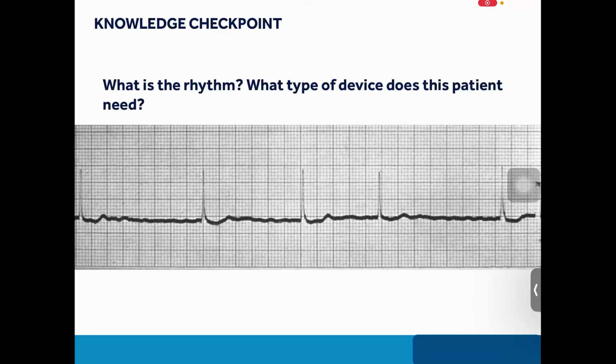Conventional pacing, but if the predicted pacing percentage is more than 40%, it is better to do left bundle pacing, I think.